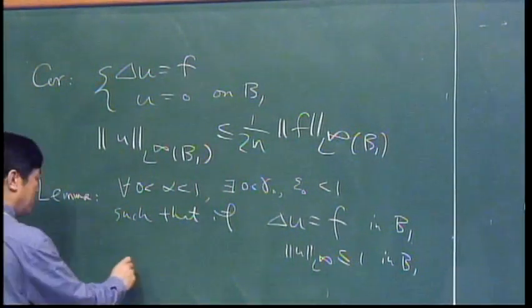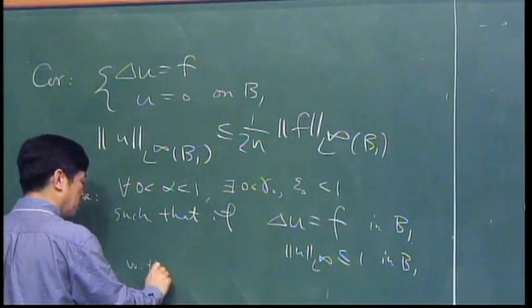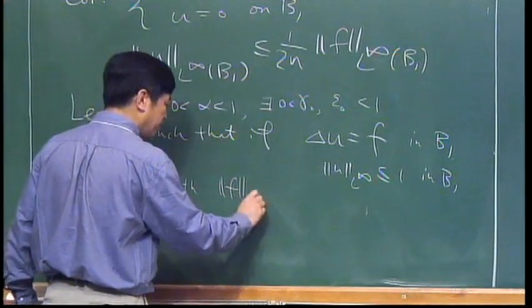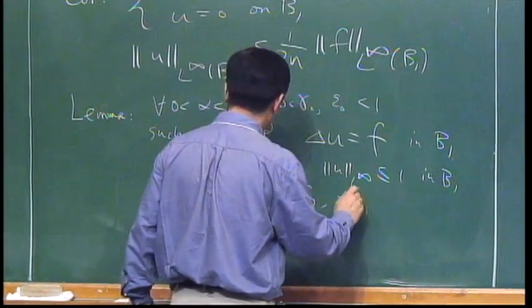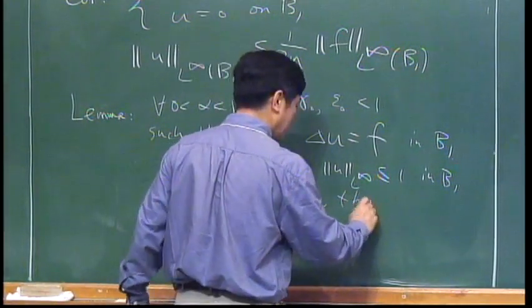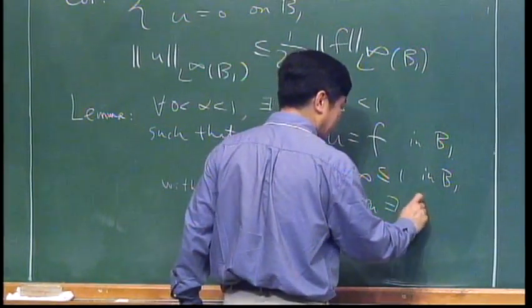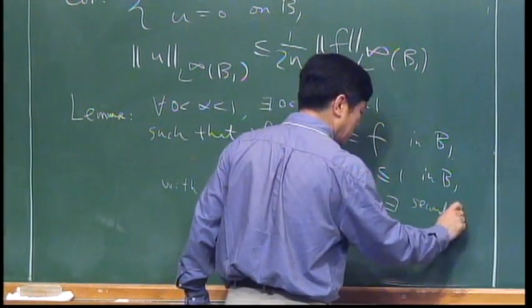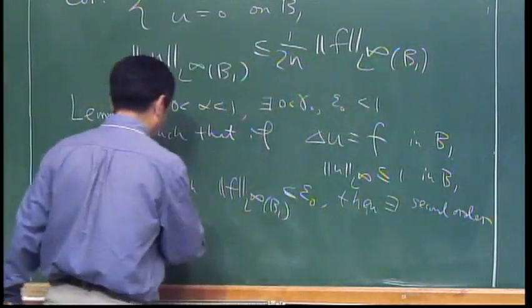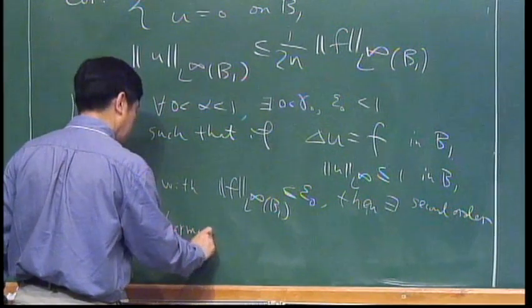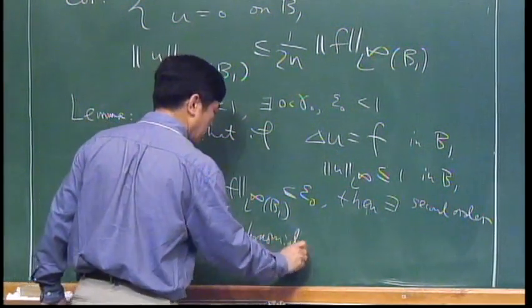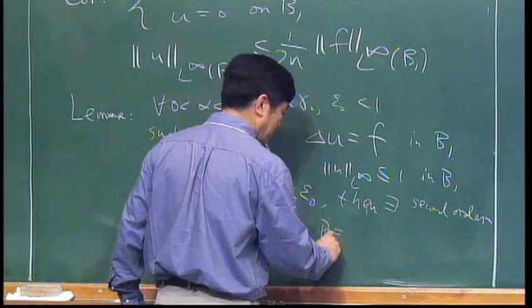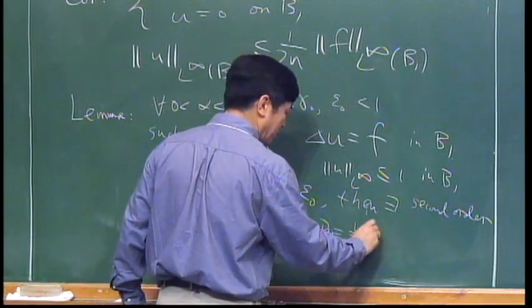Suppose that the L infinity norm of f in part 1 is less than or equal to epsilon 0. Then there exists a second order harmonic polynomial P, so I can write it down if I want.